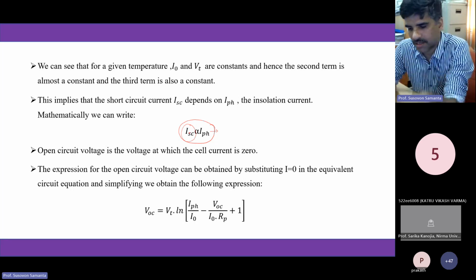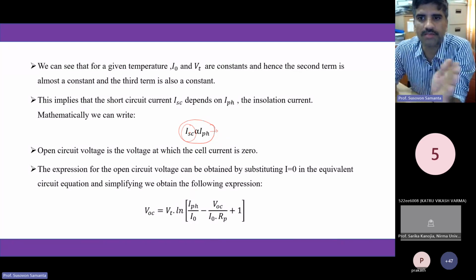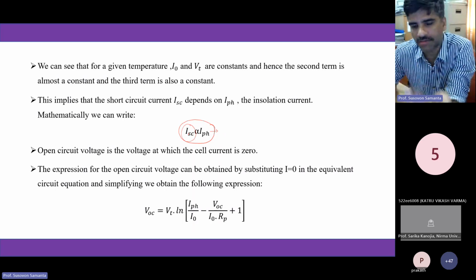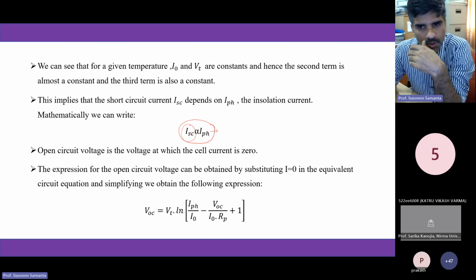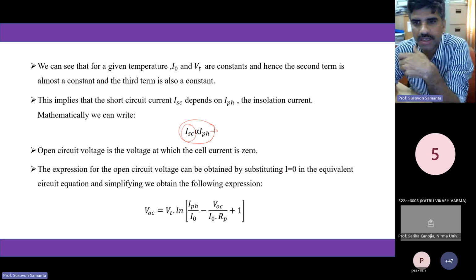Now let us find out the other point, how the VOC, open circuit voltage, will change as per the irradiation. To get that, we have to put I equal to 0 and V equal to VOC.